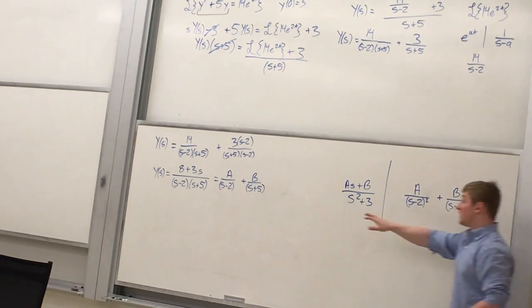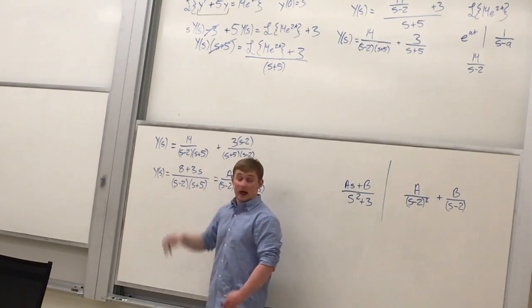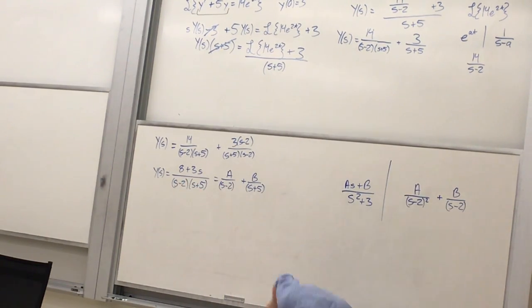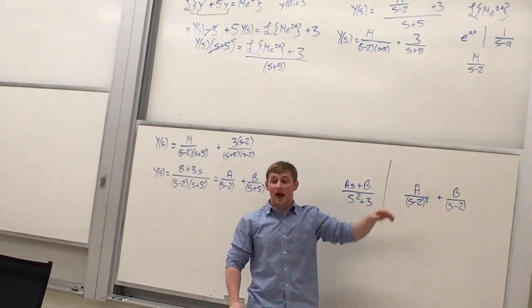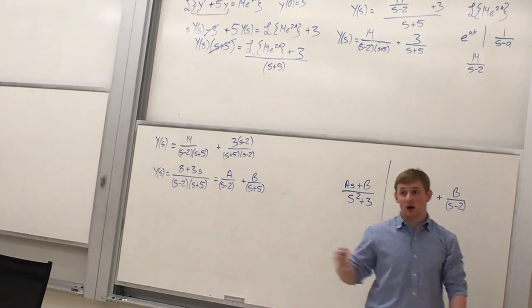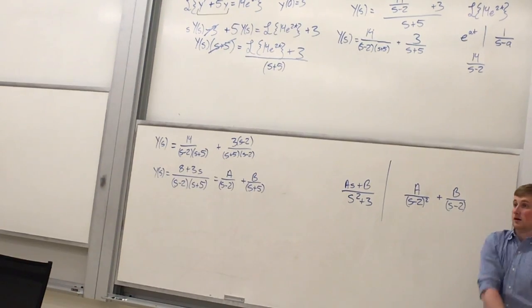So if one of these factors is s minus 2 squared, it turns into both of these right here. It turns into the a over s minus 2 squared plus b over s minus 2. Does that make sense? Yes.